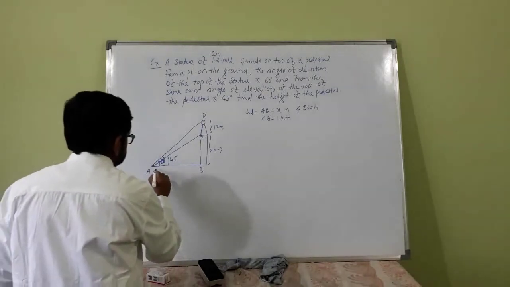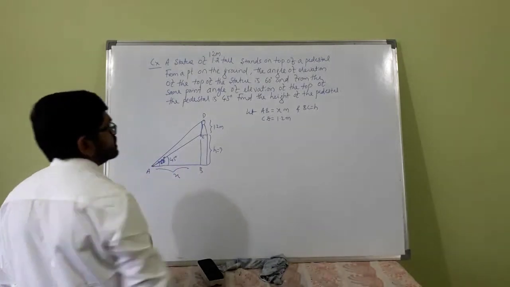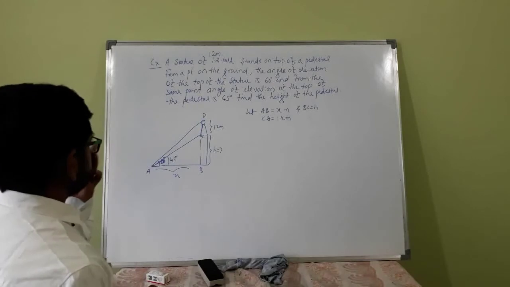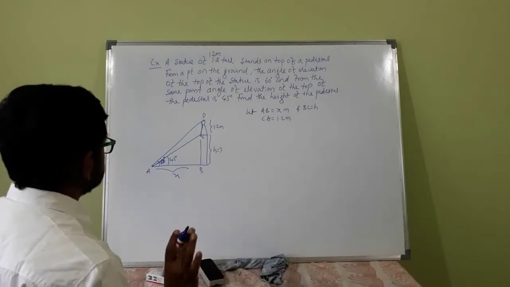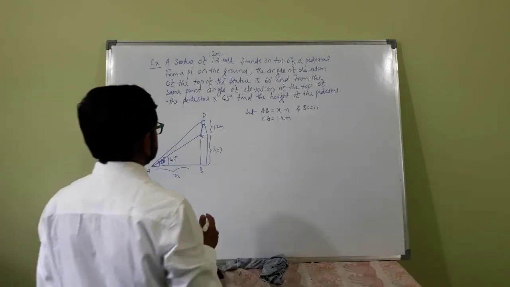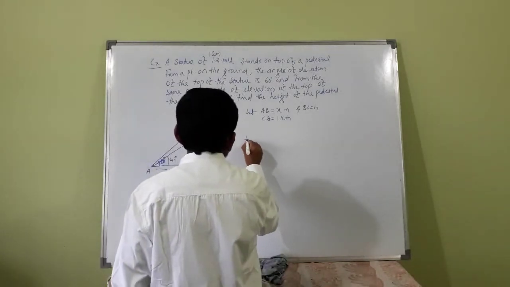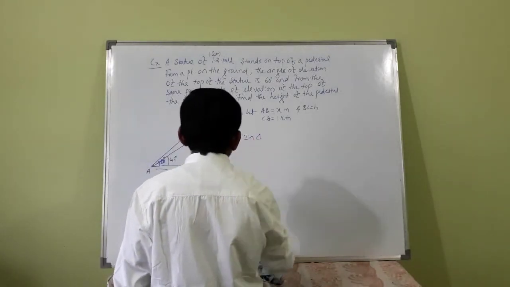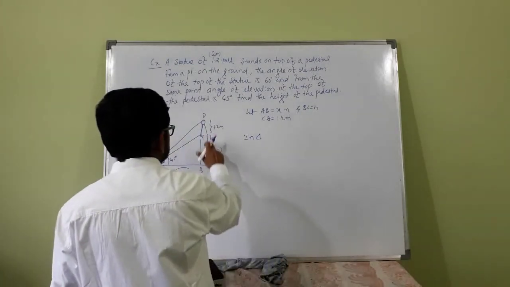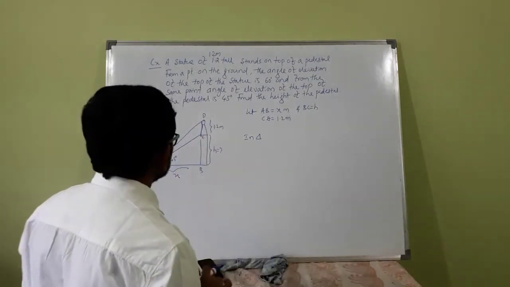See, this is x, and that is h. Now directly you have to apply the tan theta formula considering two triangles. You have to find this h.